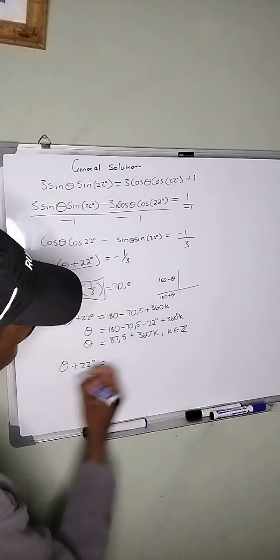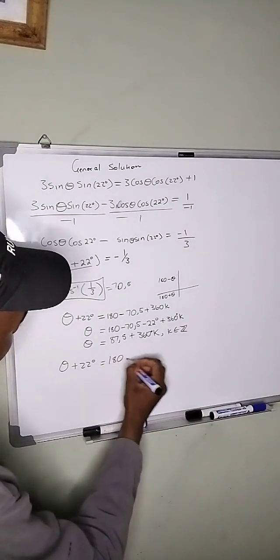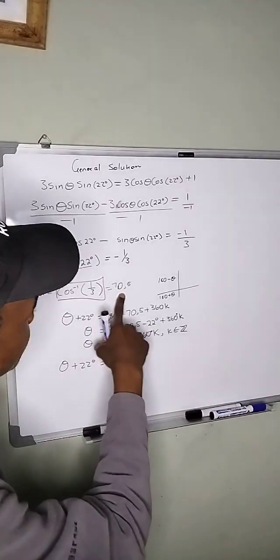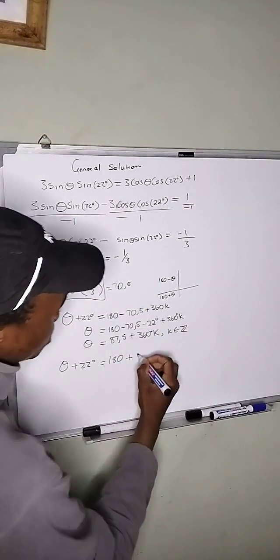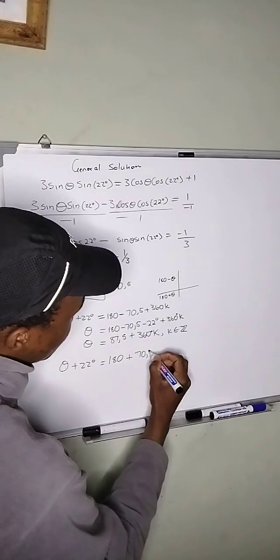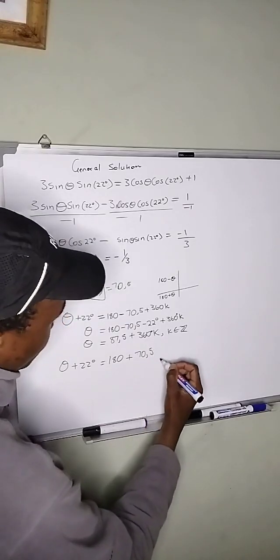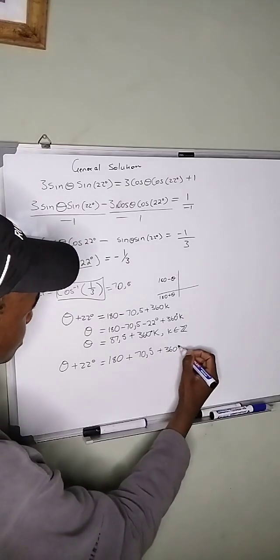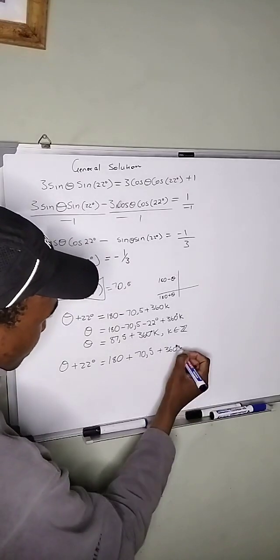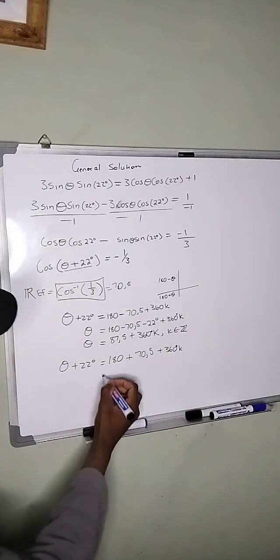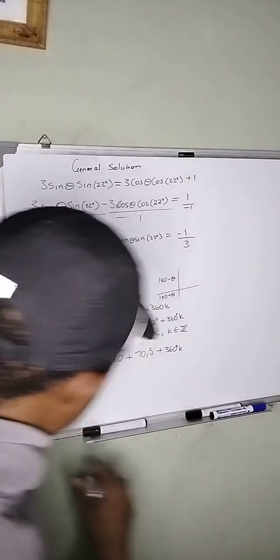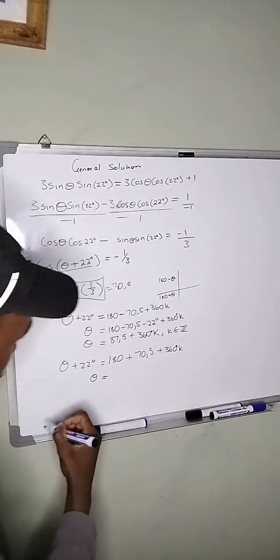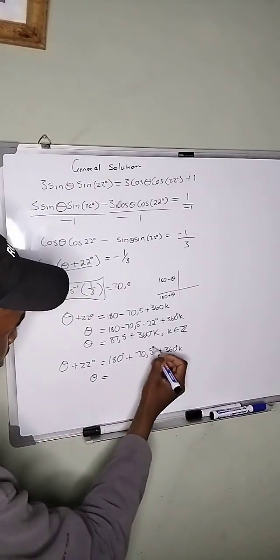So it's going to be 180 plus the reference angle, the number that we got there, 70,5, plus 360k degrees. Now I'm going to take this to the other side, degrees and degrees.